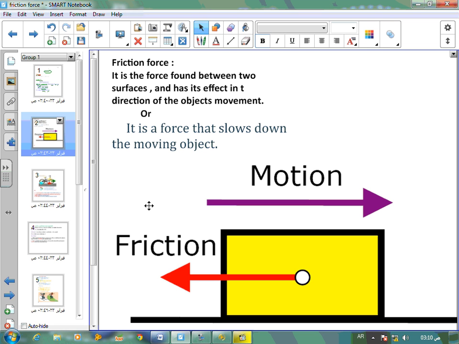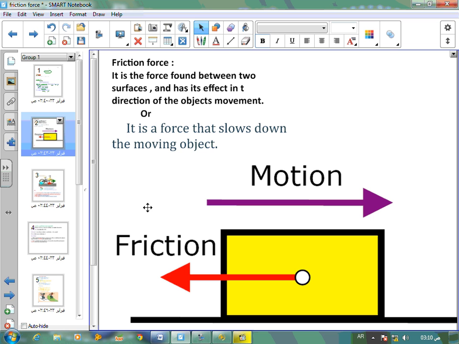This is because the friction force between the coin and the air is smaller than the friction force between the paper and the air.